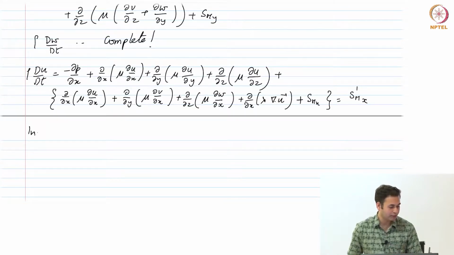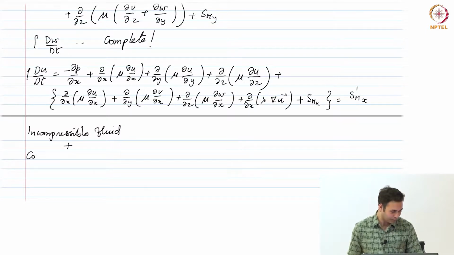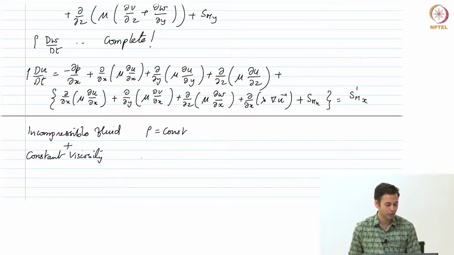So let's say we have incompressible fluid or flow, plus we have constant viscosity. That means our μ is also constant. If we have constant viscosity as well as incompressible fluid, that means both properties are constant: density is constant as well as μ is constant.